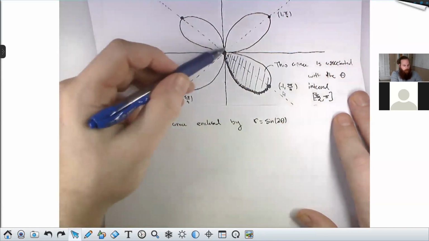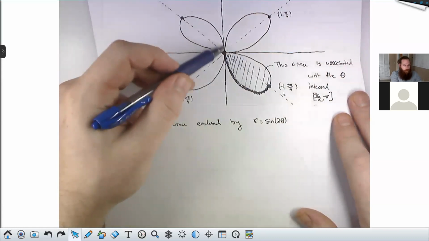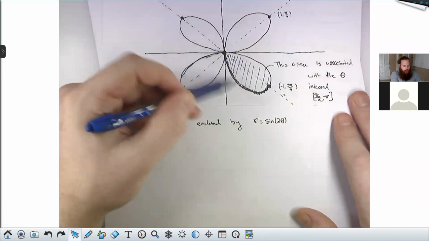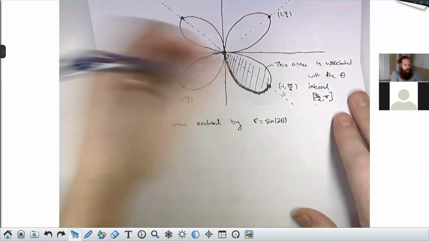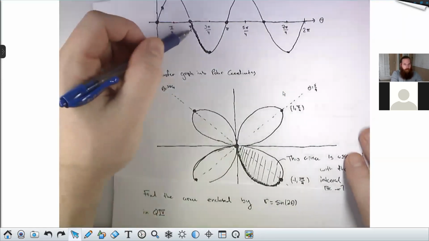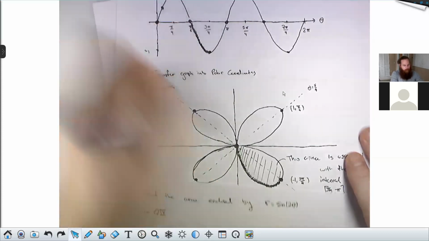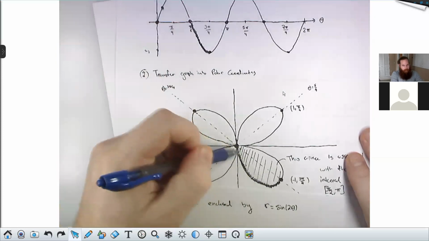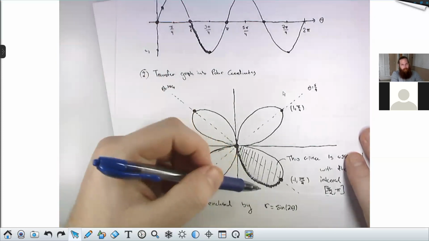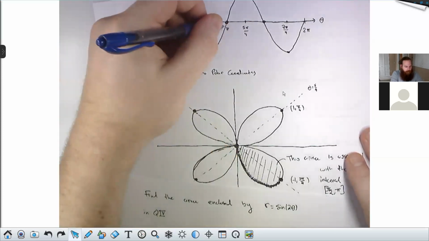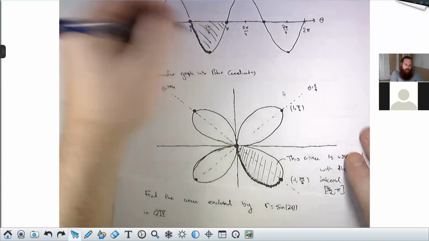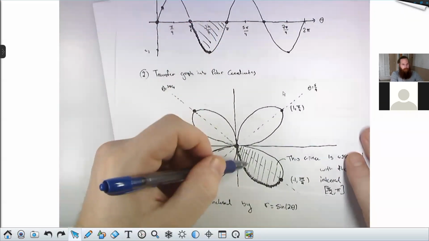Because remember, when we came past pi over 2, r was negative. And so this was actually drawn here as theta ran from pi over 2 to pi. Remember, this dark shaded part of the graph here gave us this dark shaded part of the graph here. I want to make another comment, and that's that this area is not the same as this area.